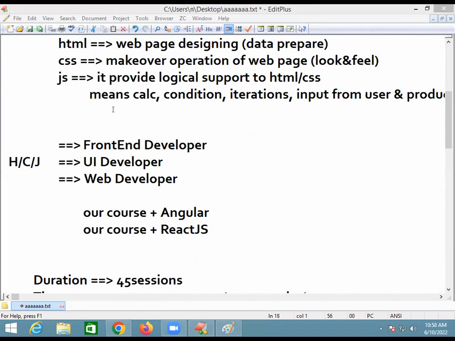When you type www.facebook.com, using a search engine like Google.com, we can directly connect to the Facebook web pages.